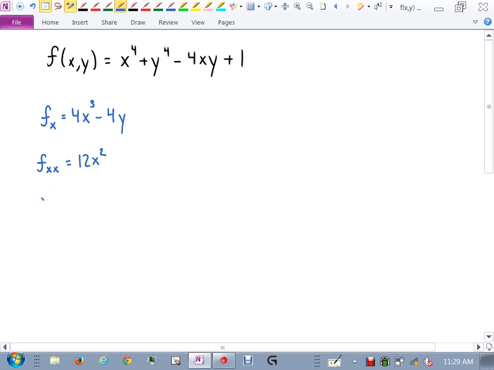How about the partial with respect to y? 4y cubed minus 4x. How about the partial with respect to y again? 12y squared. And how about that partial with respect to x followed by y? Negative 4. Those are all the derivatives I'm going to need in order to do this, right?